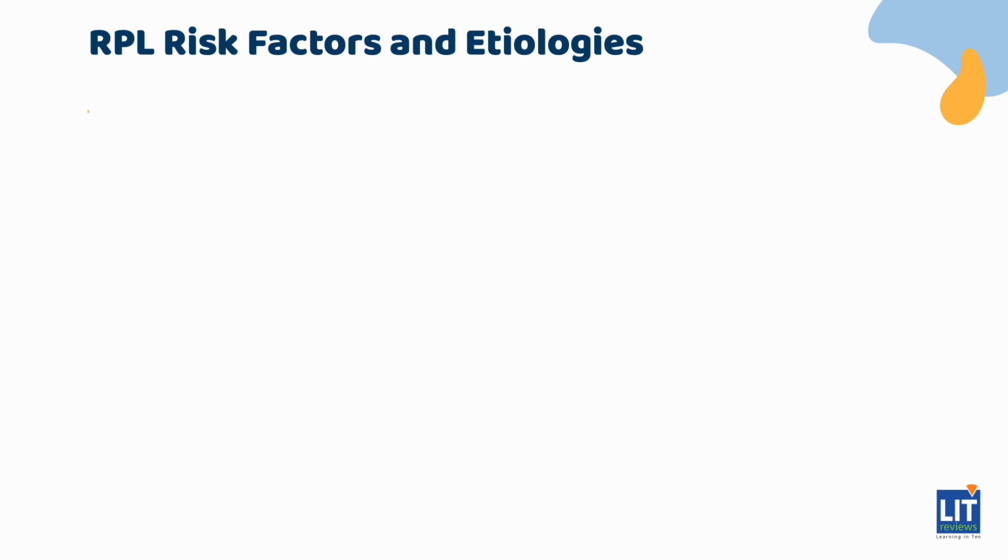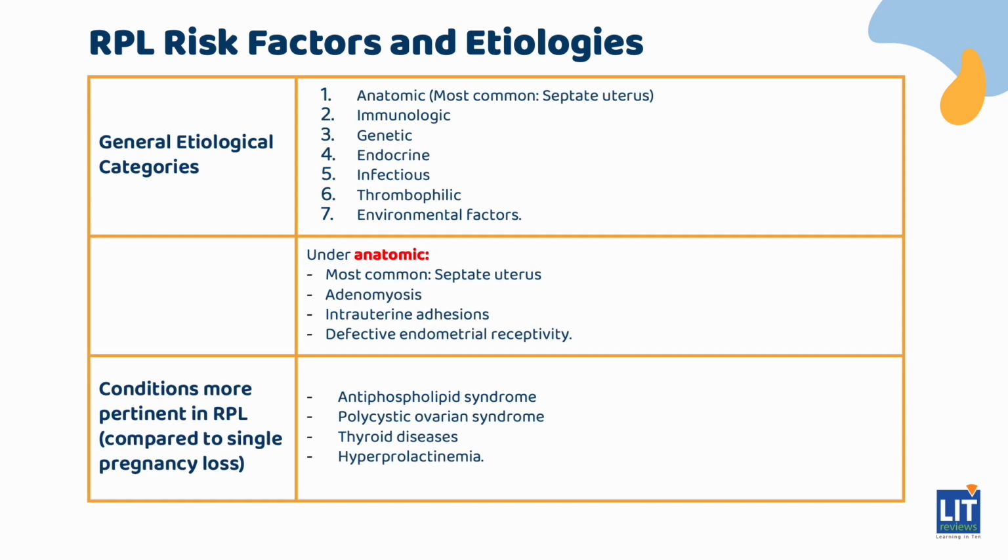in 50% of patients. General etiological categories include anatomic, immunologic, genetic, endocrine, infectious, thrombophilic, and environmental factors. Under anatomic, septate uterus is the most common uterine abnormality associated with RPL.